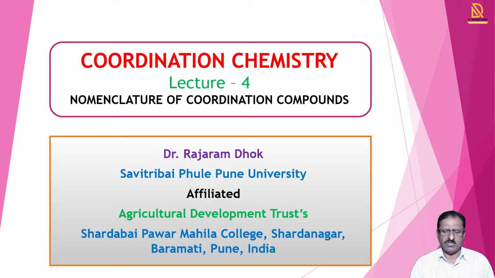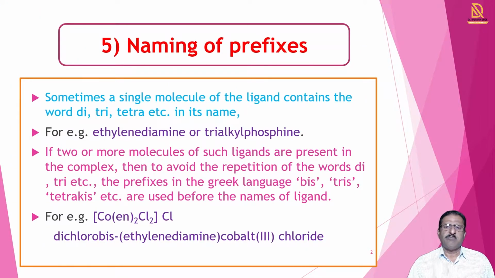There are some other examples where we give names when there are certain changes in that simple compound. So naming of prefixes in the nomenclature is also an important point.